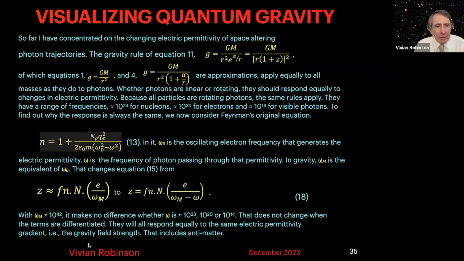And that does not change when the terms are differentiated. They will all respond equally to the same electric permittivity gradient, that is, gravity field strength. And that also includes antimatter, which is just the photon of matter particles rotating in the opposite direction.